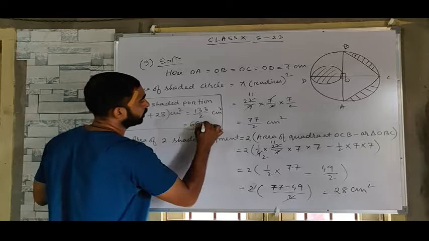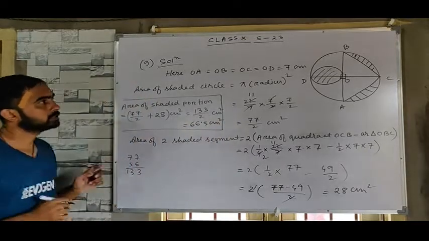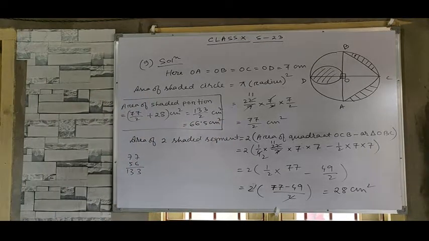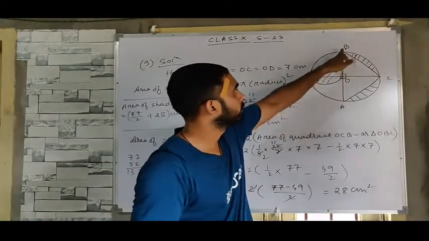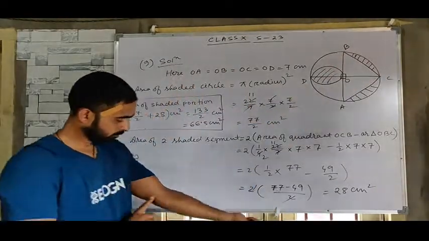This 66.5 square centimeter is the area of the shaded portion. Here the radius is 7. This is the quadrant radius 7.